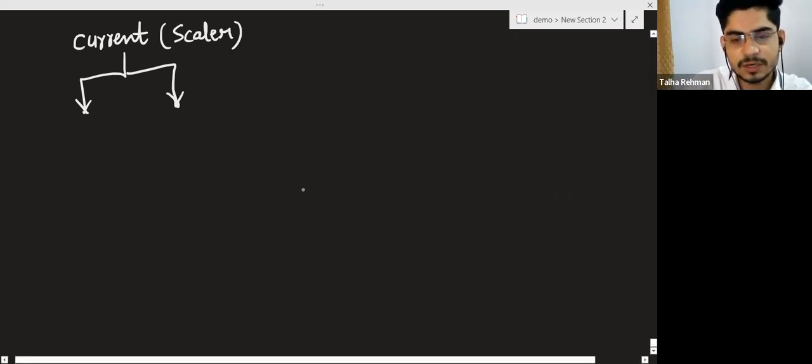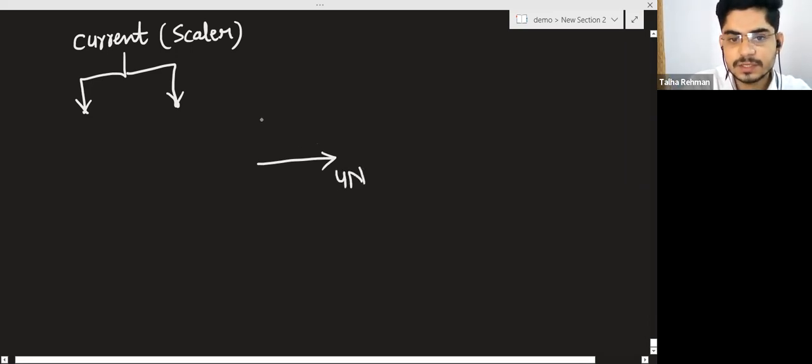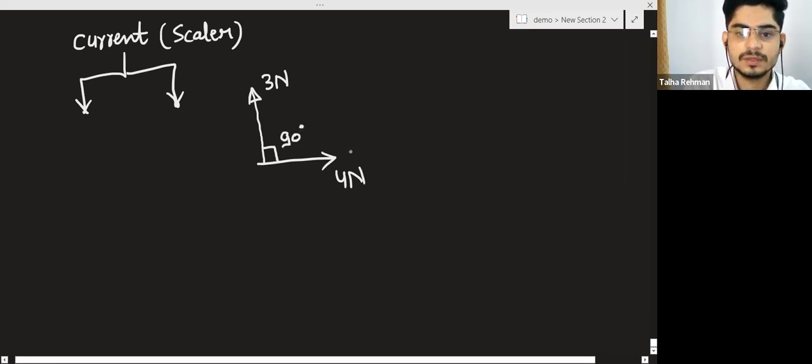Like force is a vector. Suppose there is 4 Newton of force in this direction, and 3 Newton of force in this direction. And the angle between these two forces is just 90 degrees.